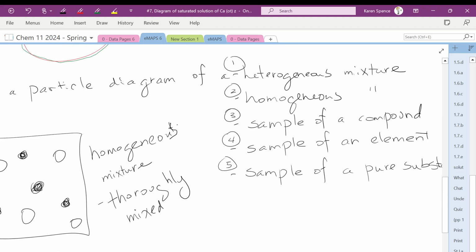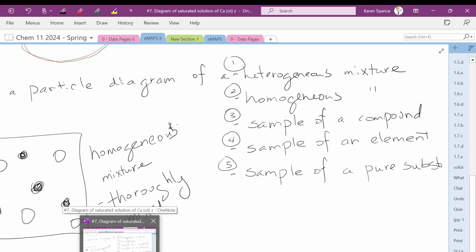Okay. And we're going to go to a sample of an element, which would be, oh, I got to pick a card. Let's see. Steffi. And you can do it on, we sort of run out of room over here. You can do it over here. These are kind of the good pens.